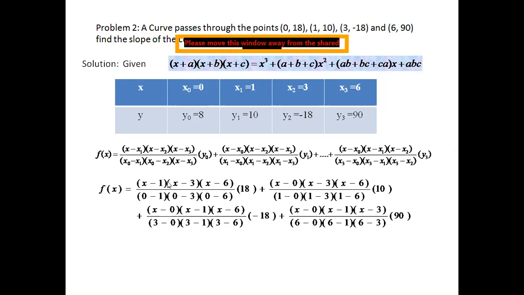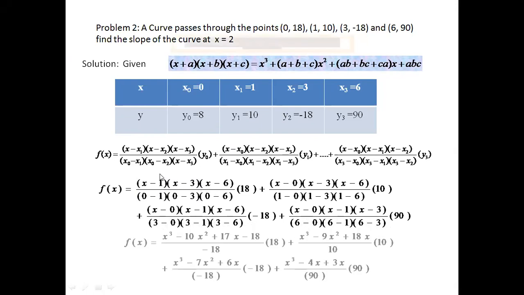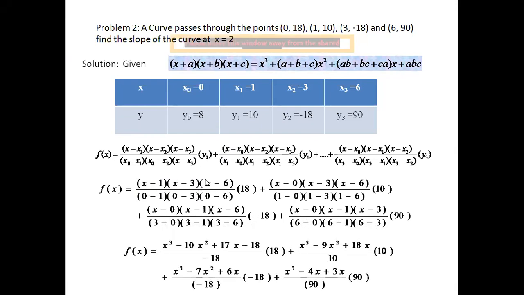So the first term numerator is in the form x minus 1 into x minus 3 into x minus 6. So here a is minus 1, b is minus 3 and c is minus 6. If you use this formula, we get first x cube in the numerator, then a plus b plus c, that means minus 1 plus minus 3 plus minus 6, that is minus 10, that much into x square. Then ab plus bc plus ca: ab means minus 1 into minus 3, that's plus 3.